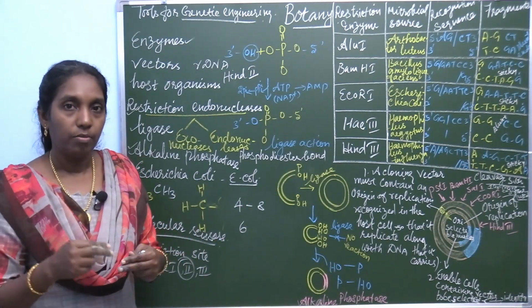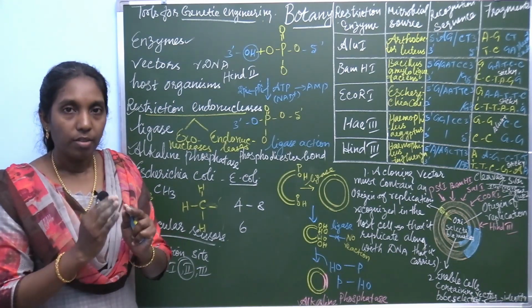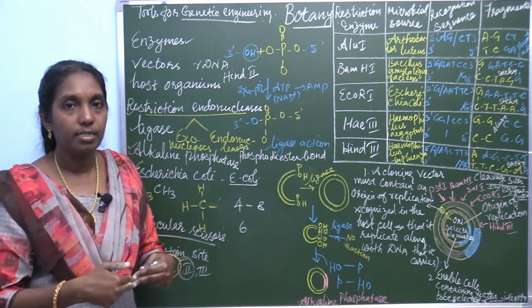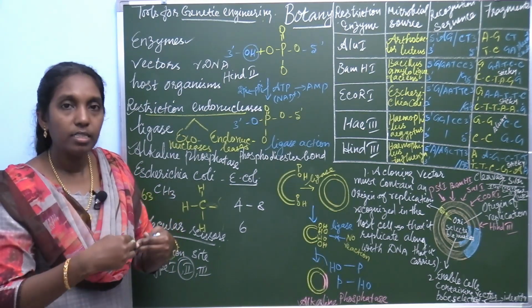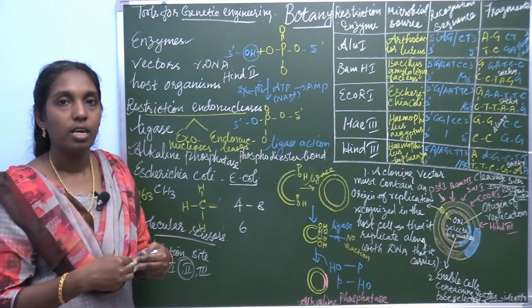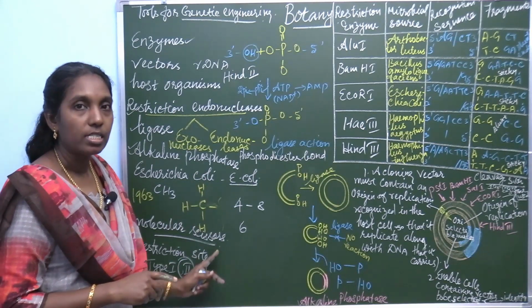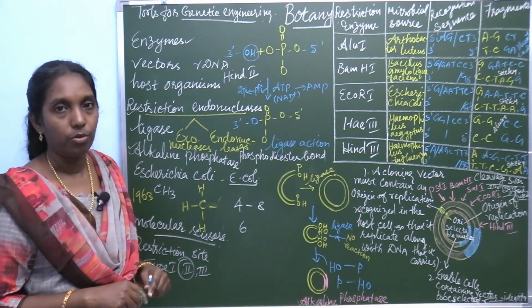You know that when you are making a recombinant DNA, the plasmid or the vector can be cut open and a foreign DNA can be inserted. So, for cutting and inserting the DNA sequence, molecular scissors are used, the restriction endonucleases.